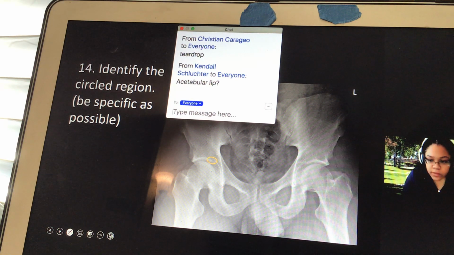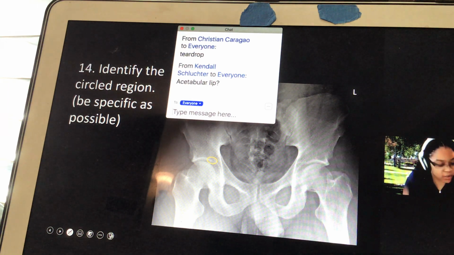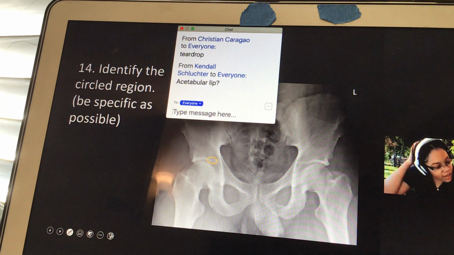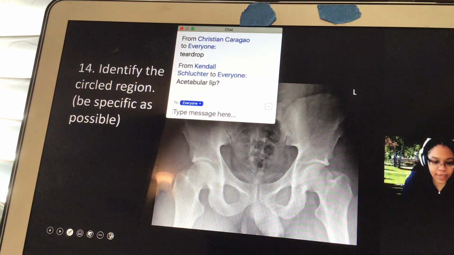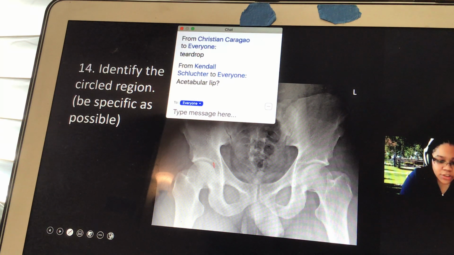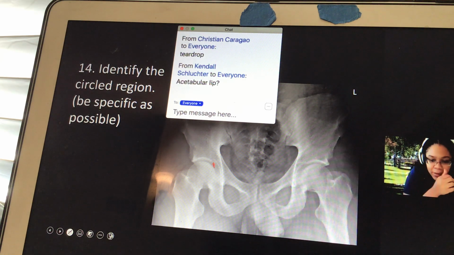So again, the variant section of the hip, it's more like a simulated pathology because it looks like there's a lucency between the roof and the remainder, the medial border of that acetabulum.